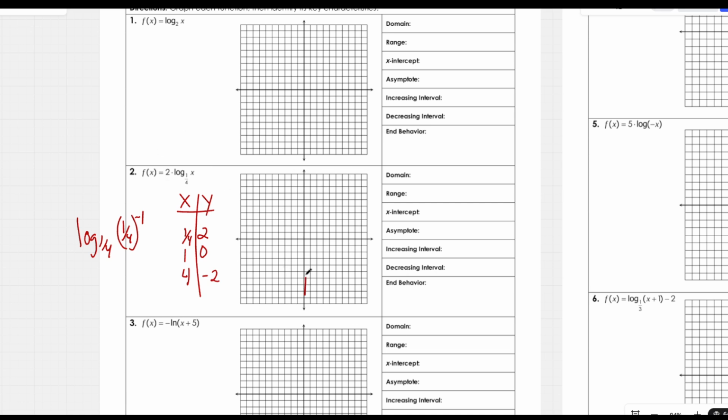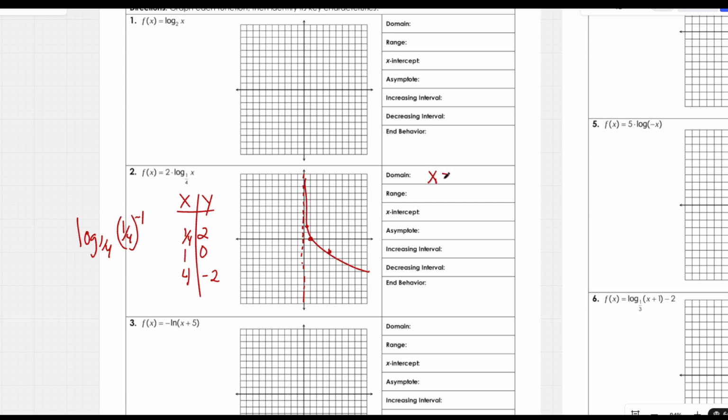Log normally looks like that. Since there's no horizontal shift, I know my asymptote is still there at the same place. All right, 1/4, 2, 1, 0, 4, -2. So that's enough for me, so it's like that.